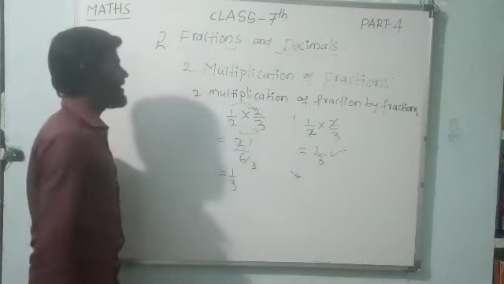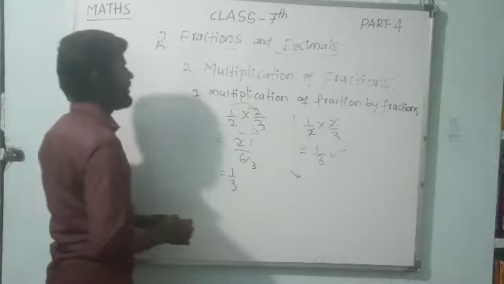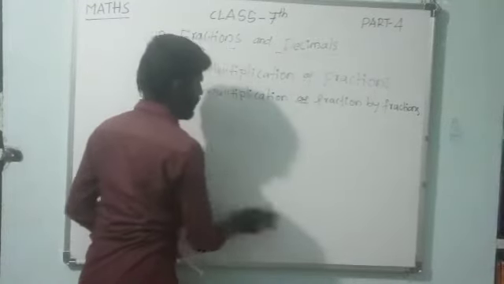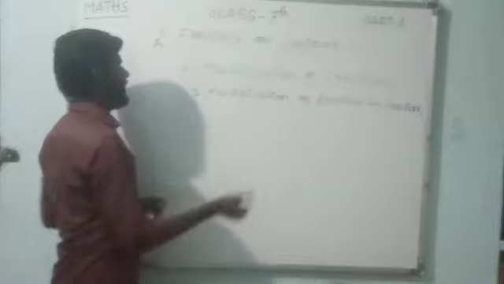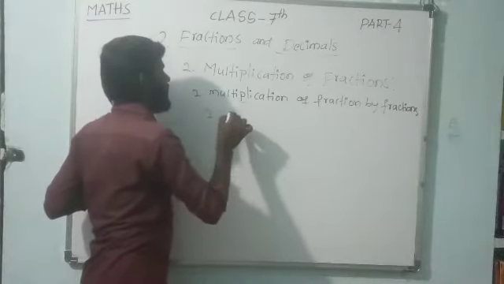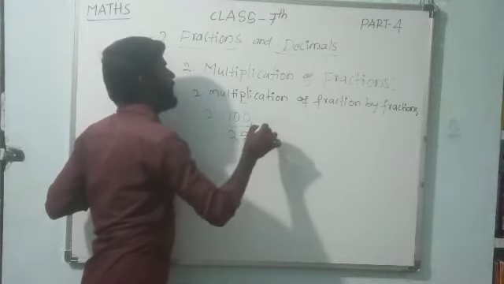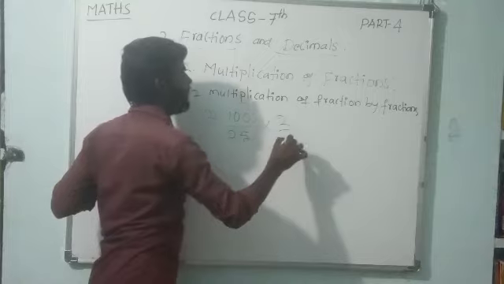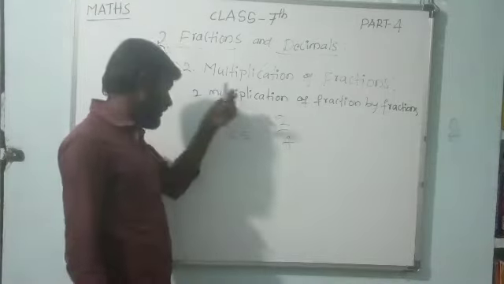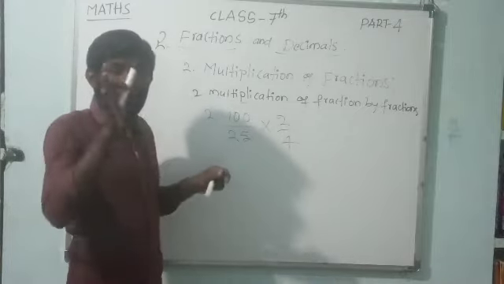Let us see, my dear children, example 2. Take a little bit bigger number. Suppose 100 by 25 into 2 by 4. 100 by 25 is an improper fraction, but whatever the fraction may be, it is not a matter.